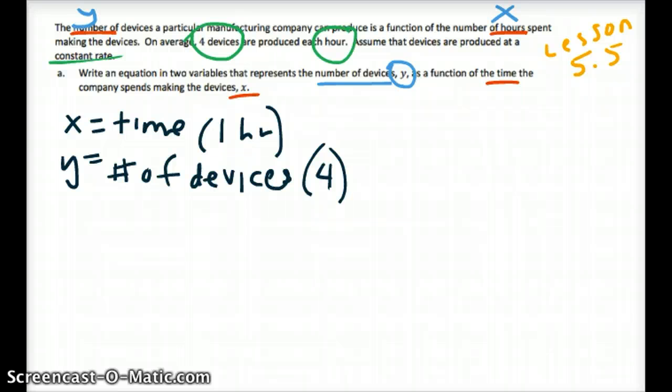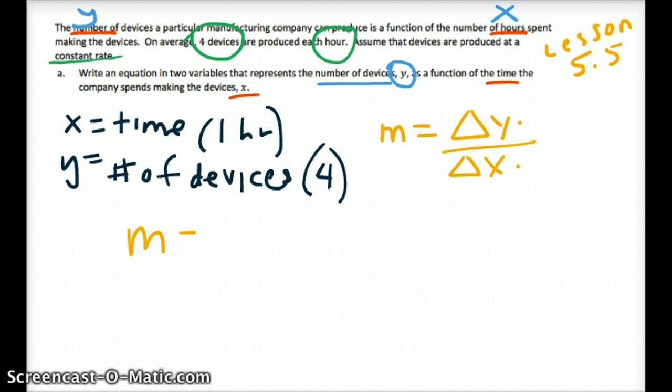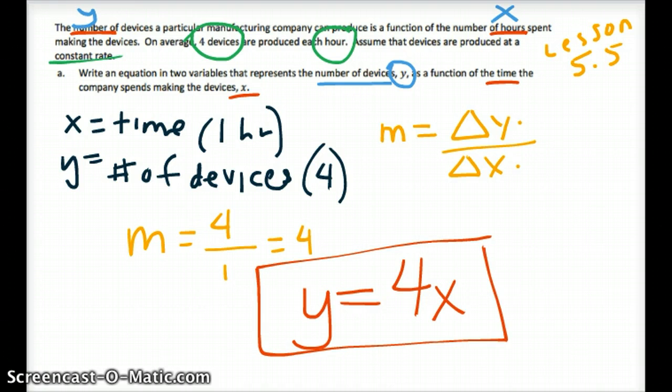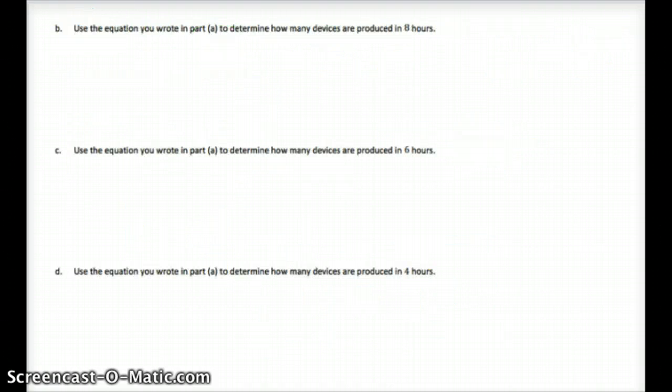So I labeled x equals time, and that's 1 hour, y equals number of devices, and that's 4. So if you remember, my slope is the change in y over change in x, so it's y over x. So here, my slope is going to be 4 over 1, which is 4. So my equation is y equals 4x.